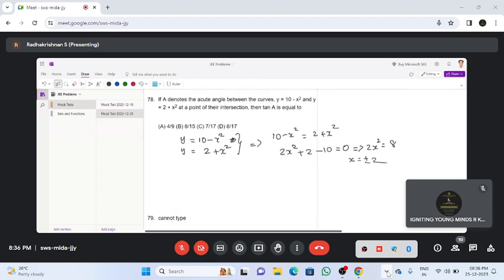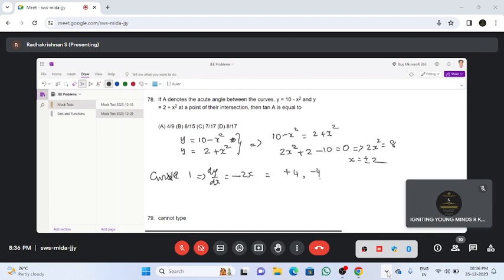If we should do what Tino just now said, first differentiate, you get minus 2x for curve 1. dy by dx is minus 2x, so plus or minus 4.